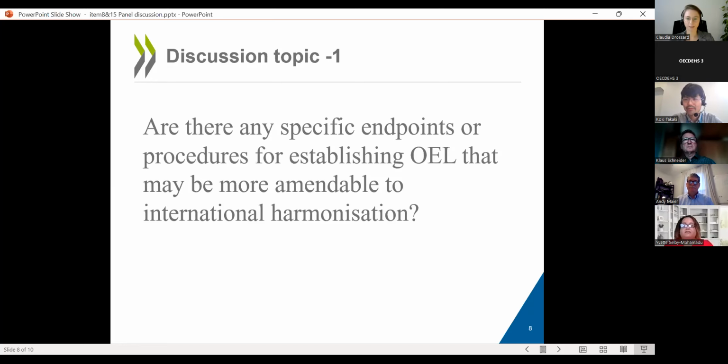Thank you. Yes, I would also like to underline that I think harmonization is possible on the level of methods to derive the health-based OELs. And as Klaus Schneider showed, we prepared a new database for the assessment factors. And I think this could be a good start for harmonization, because you can harmonize the way you bridge data gaps in the case you don't have the substance-specific data.